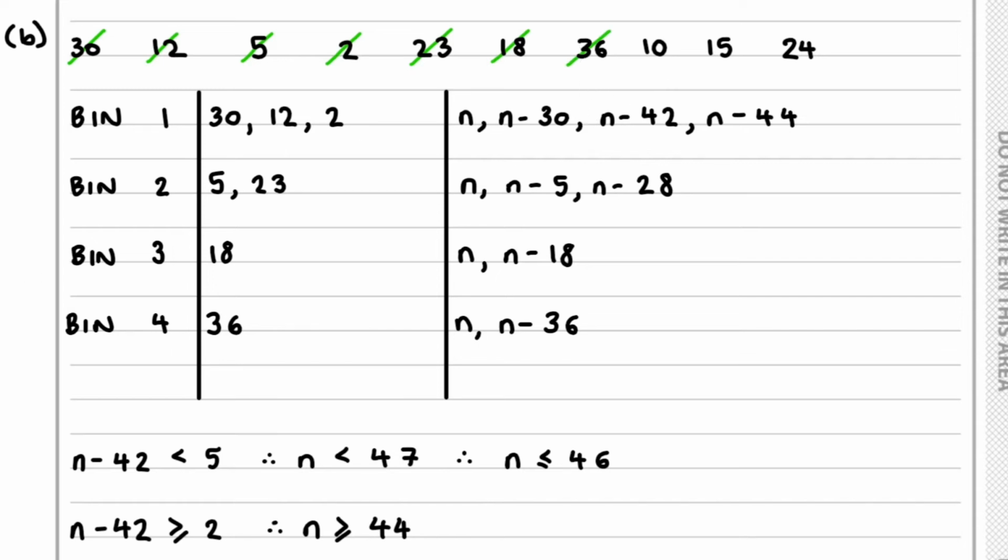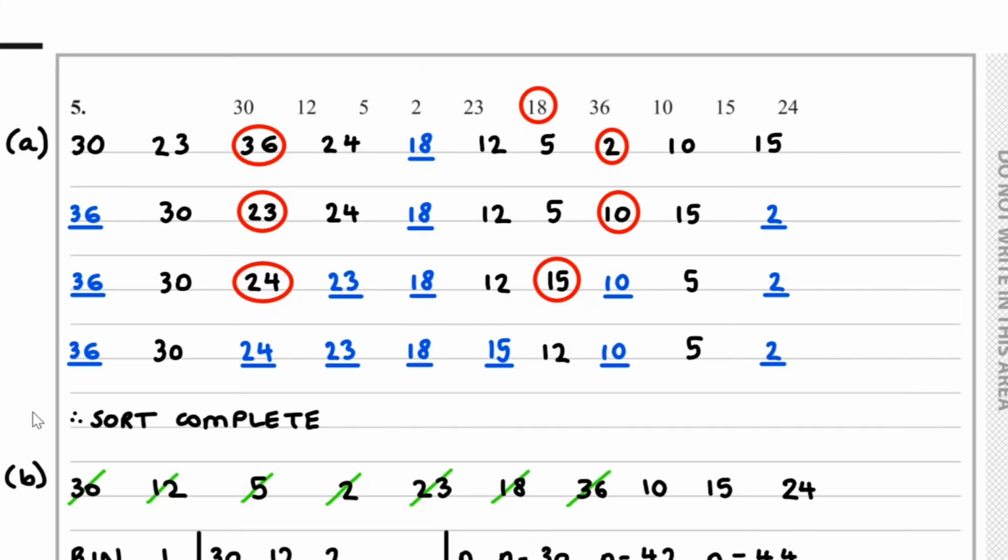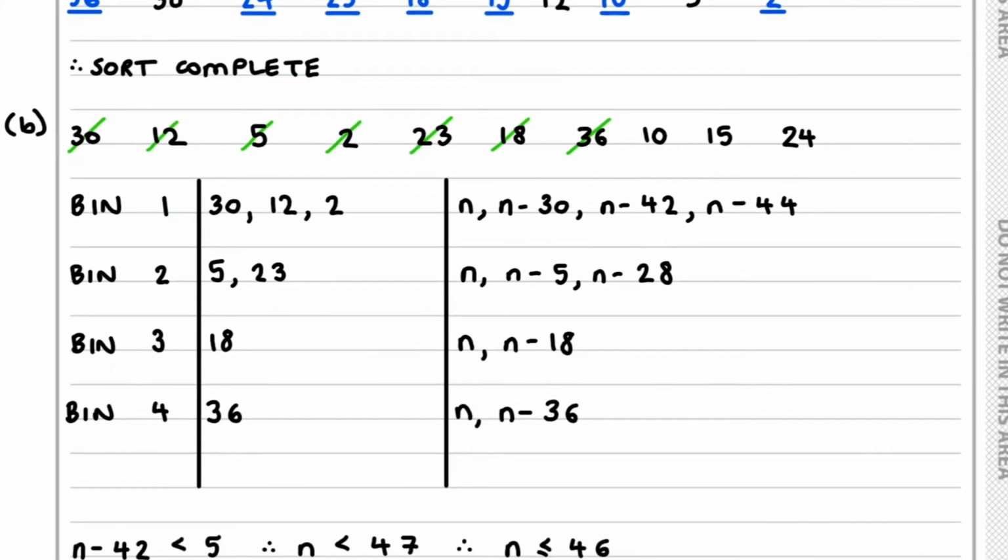We now need to place the 10 somewhere. The 10 has been placed into bin number 2, so the 10 would go here, and the remaining space, n minus 28, take away another 10, that's n minus 38. So let's cross off the 10 indicating we've used it.